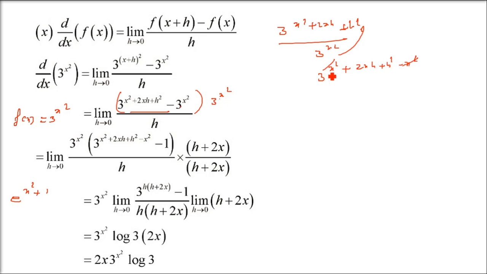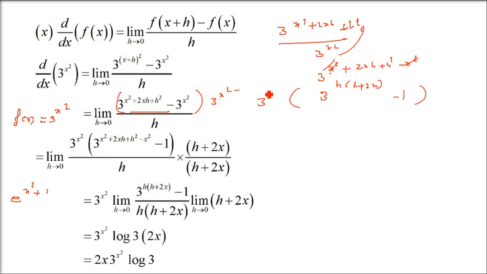X square gets cancelled. So you have 3 raised to (2xh plus h square). So you can take h common: h plus 2x will come. So you have here 3 raised to h(h plus 2x).